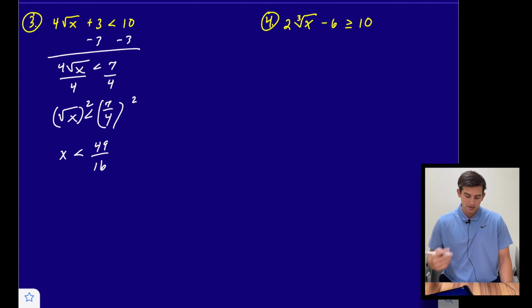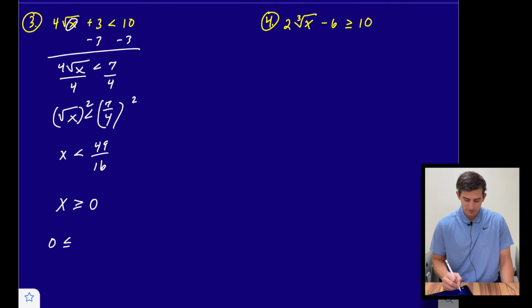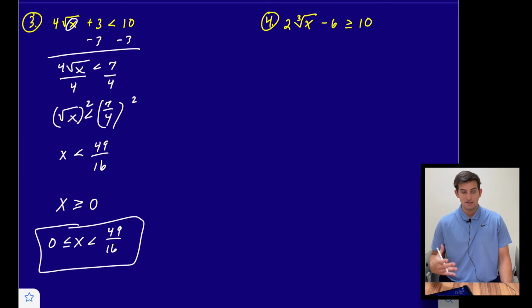Now, this is part of our inequality. But once again, consider the possible values of your radicand. x has to be greater than or equal to 0. So let's put these 2 inequalities together. And let's say that 0 is less than or equal to x, but x is less than 49 over 16. So possible values for x have to be greater than or equal to 0 and less than 49/16.